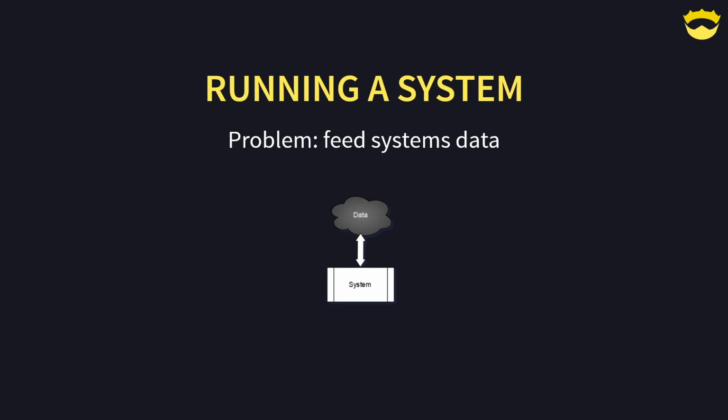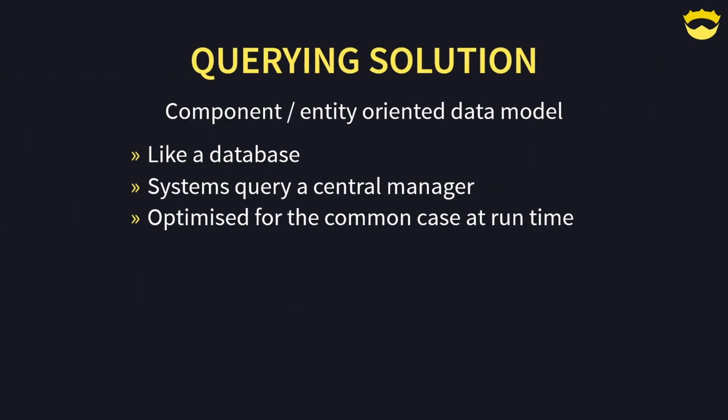One of the main things that an ECS has to worry about is feeding systems component data. And there's a few approaches on how to do this. A common approach is to use a querying solution. So usually you have a component or entity orientated data model. This means systems query a central manager, like a database of component or entity data, and work from that.